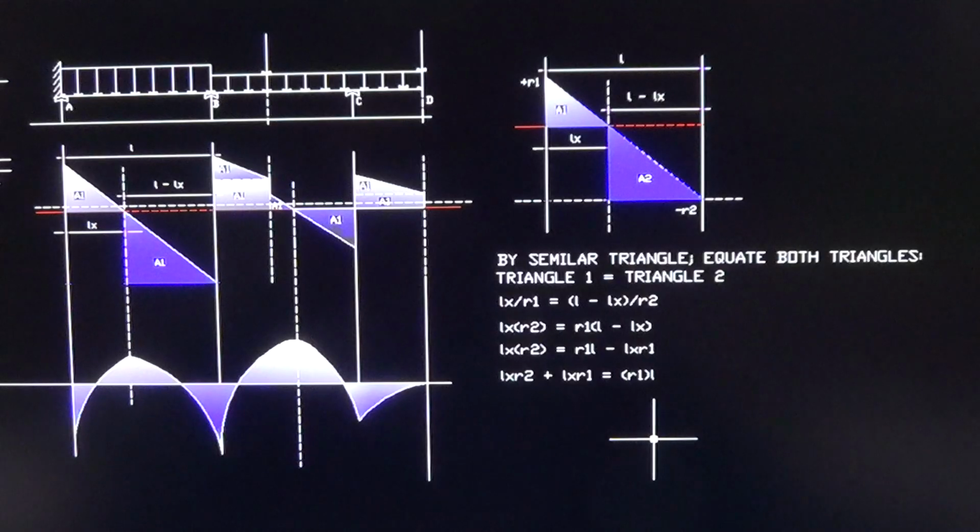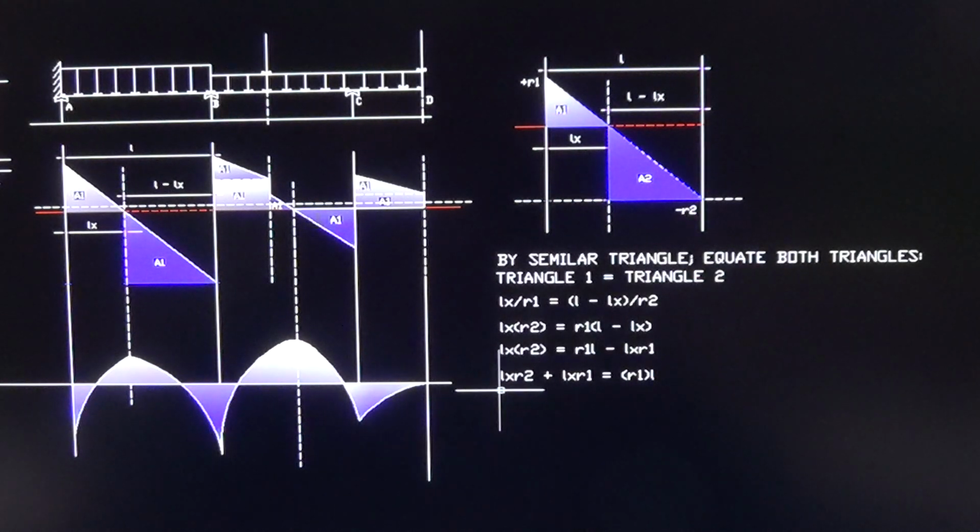Now the result of this multiplication, you have R1 times L minus Lx R1, and then transpose this value, minus Lx R1, to the other side of this equation.